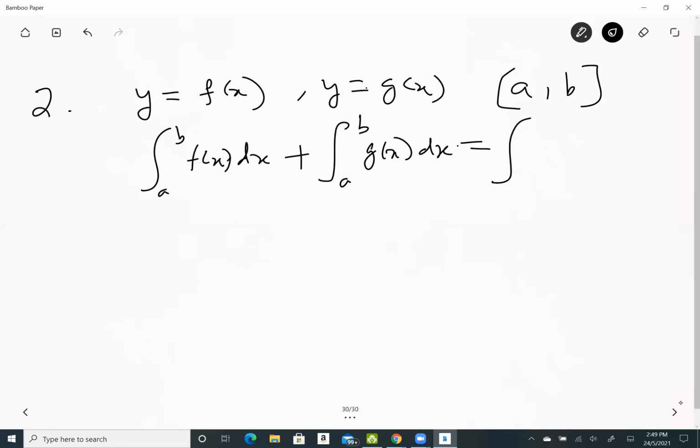That means I sum the functions f of x and g of x, and then I integrate. That would make our life easier.